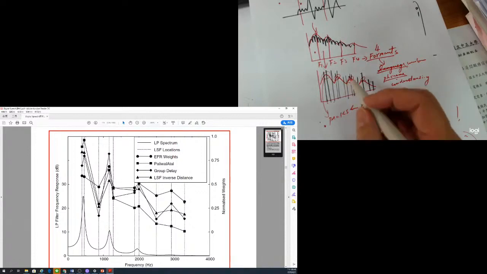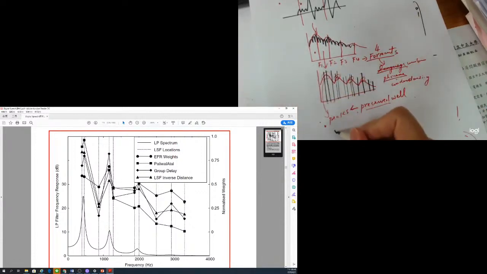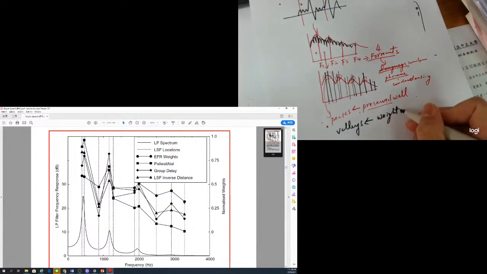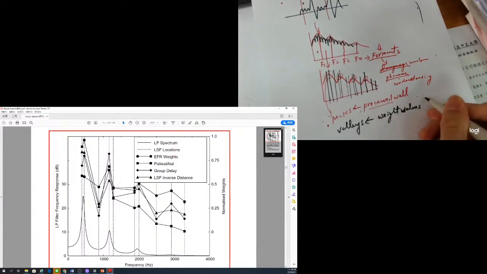The others, if they are related to the valley, that weighting value will be lower.